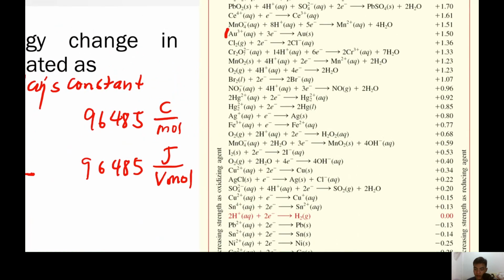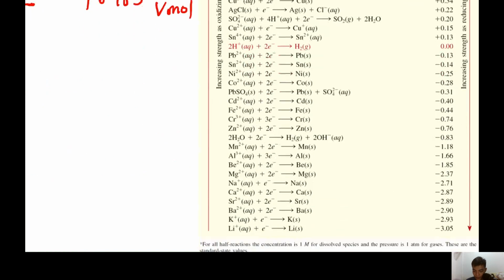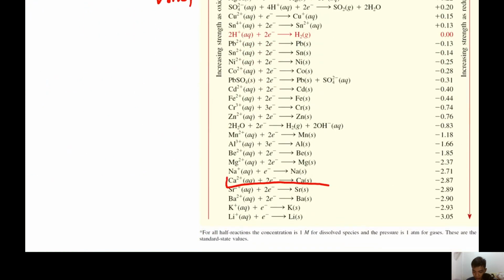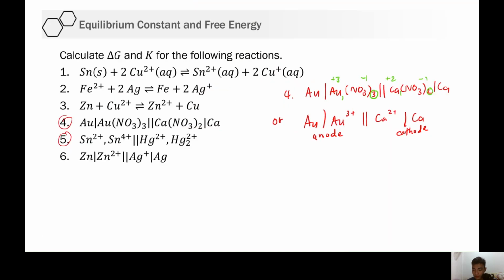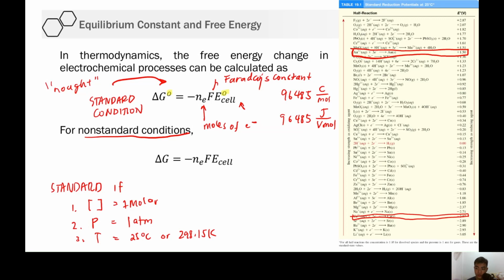So this is gold, that's 1.50. Then calcium will be -2.87. So gold is positive 1.50, calcium is -2.87.